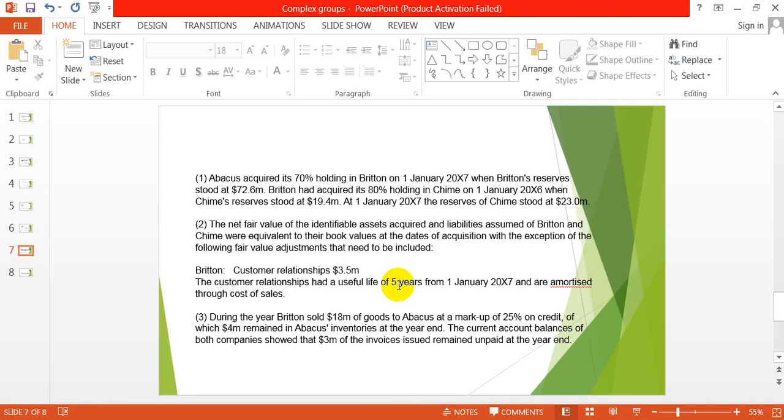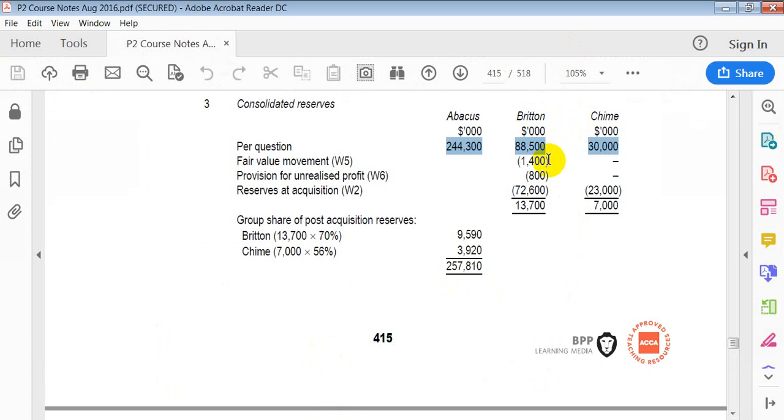However, we are in the 2nd year since acquiring Briton. So the amortization will equally be for 2 years. So 700 times 2 give us 1,400 as amortization.